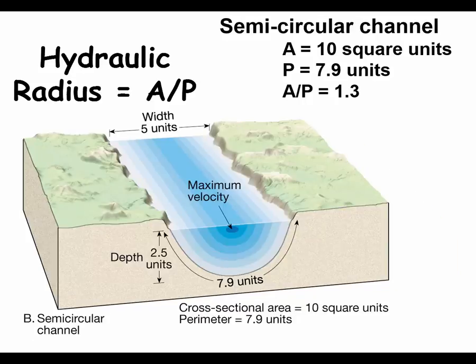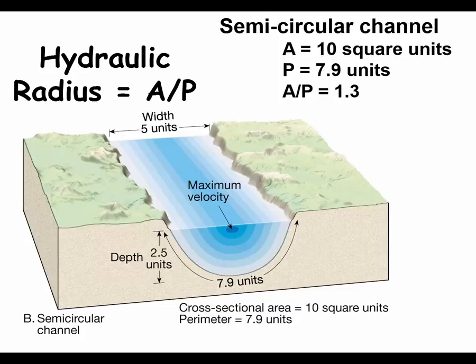Now we could look at a similar channel with the same cross-sectional area, 10 units. It's got a hydraulic radius of 1.3. Which one would have the higher velocity, the first or the second? Second, yeah, because, well, one, it's got a higher hydraulic radius.